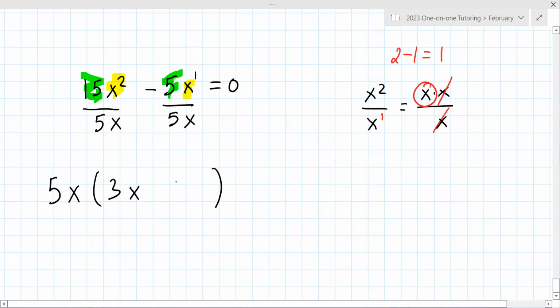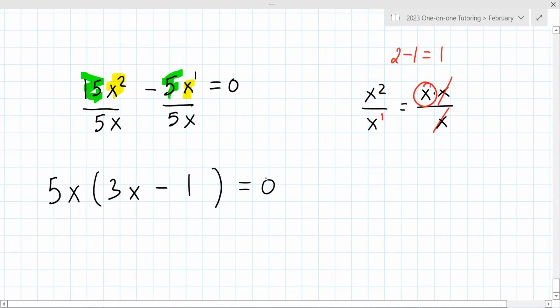So it's now 3x minus, what is 5x divided by 5x? What's 5 divided by 5? 1. Okay, and x divided by x? 1.